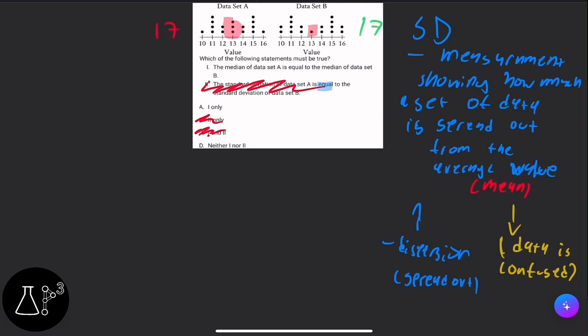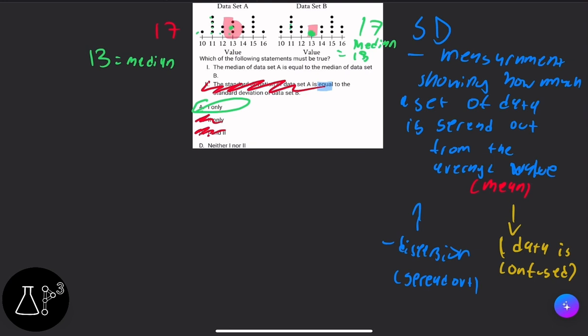And if we count the middle, which would be 9, we count 1, 2, 3, 4, 5, 6, 7, 8, 9. 13 is the median for dataset A. And if we count 9 on dataset B, 1, 2, 3, 4, 5, 6, 7, 8, 9, same thing. Median is also 13. Therefore, we can conclude that the median in dataset A is equal to the median in dataset B. So the answer is A.